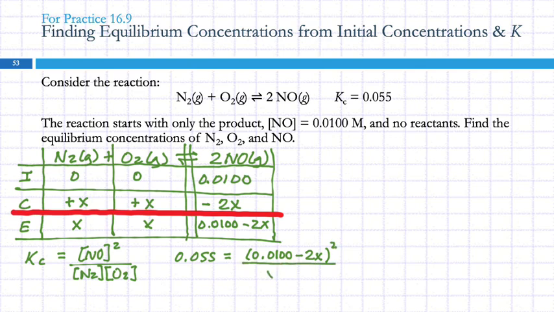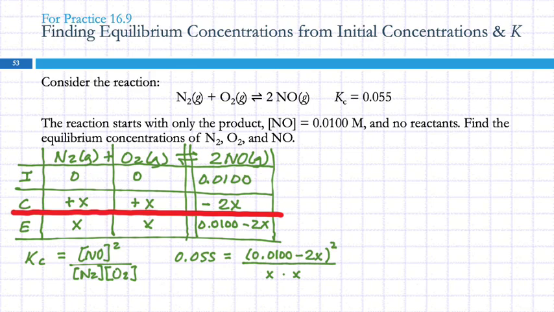And this is divided by x times x. You see what I did there? Each of the little steps is not bad at all, but we have to remember what the order is, right? And be careful. So now we're going to solve this for x.